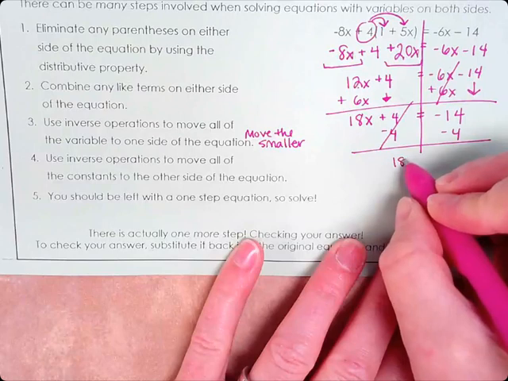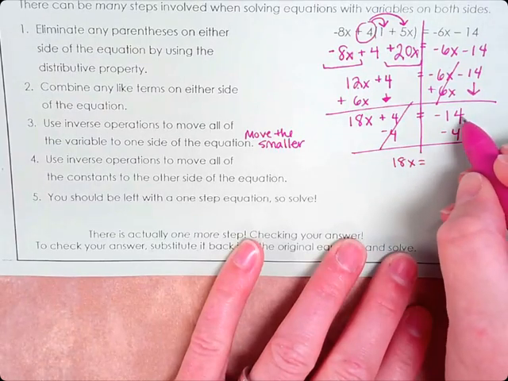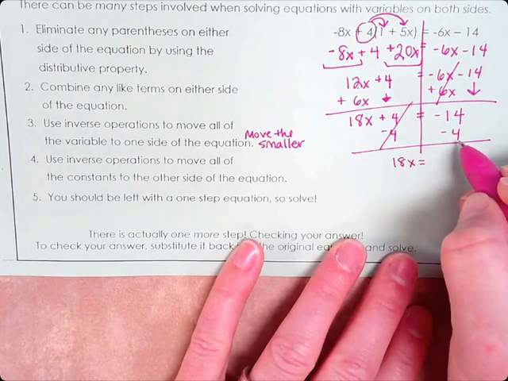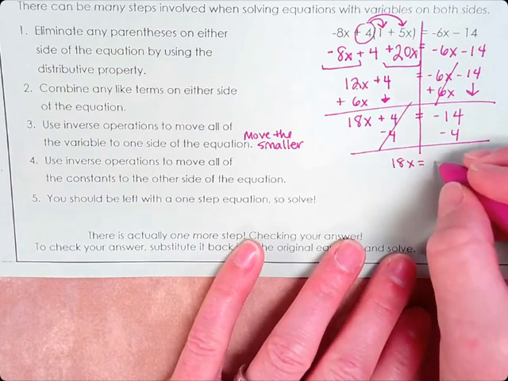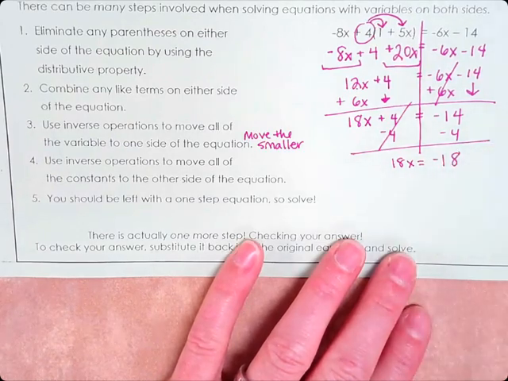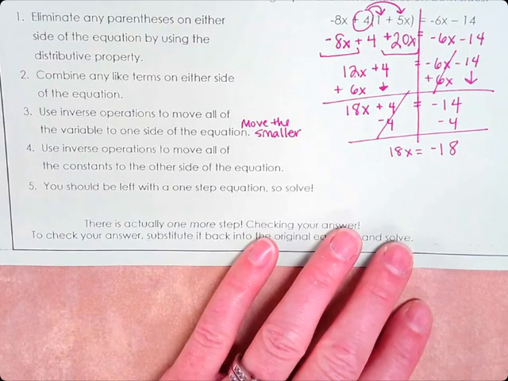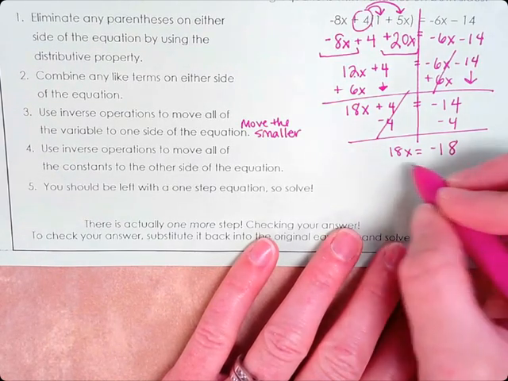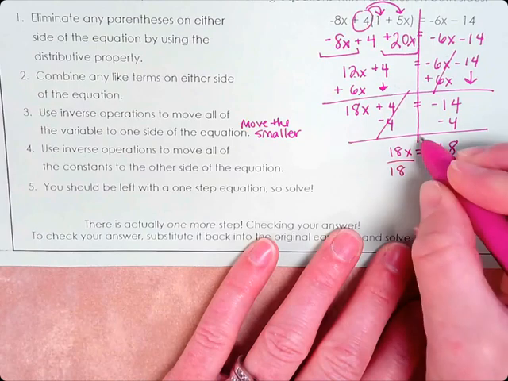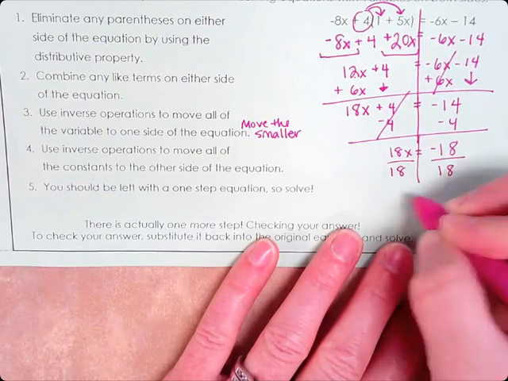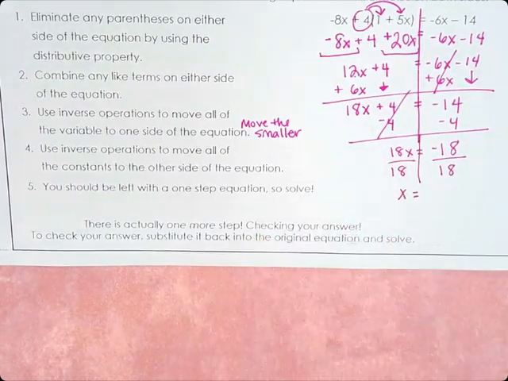So 18x equals negative 14 minus 4. Yeah, negative 18. And then divide by 18 on both sides. Negative 18 divided by 18.